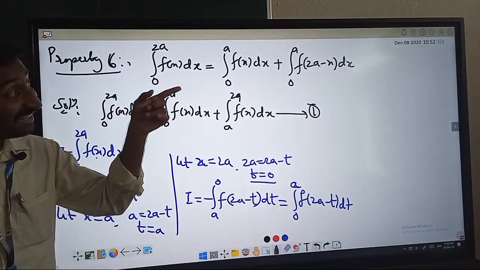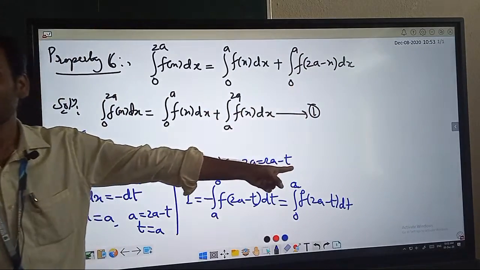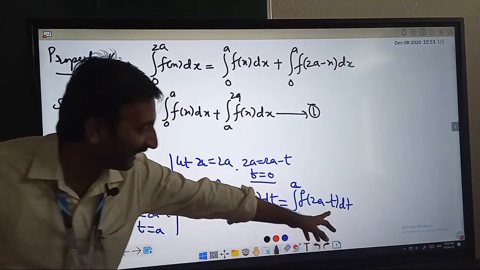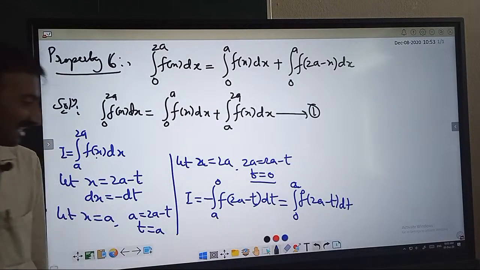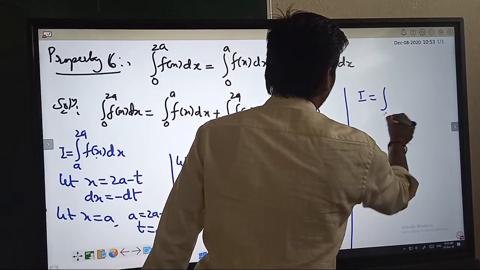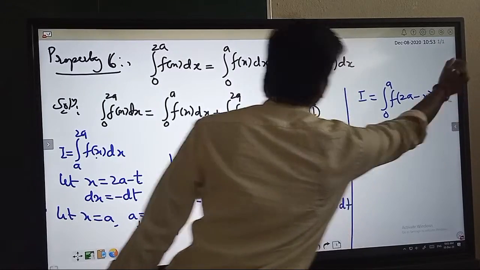They do not look the same, but who said so? It is a dummy variable. Where I have t, I will put it as x. So my job has been done. This is integral from 0 to a of f of 2a minus x dx.